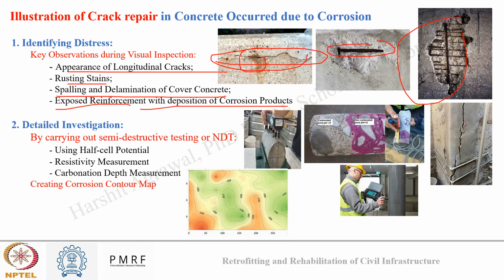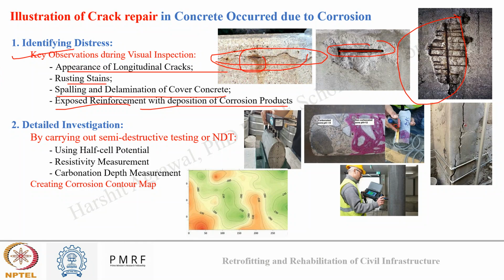Here you can see spalling and delamination, but here you can see severe corrosion product formation on the reinforcement, based on the denseness of the corrosion product lying there. These can be key observations during visual inspection, which may help you identify the reason behind the distress.